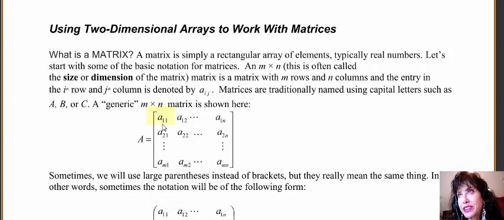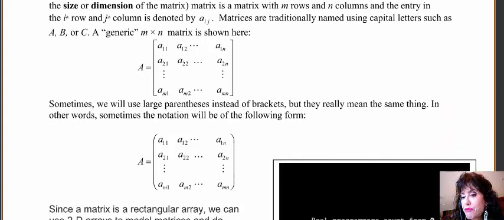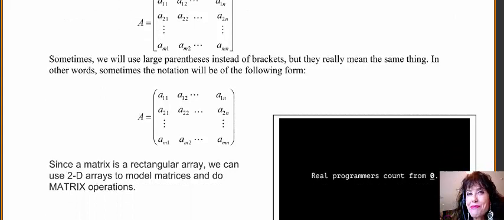Notice the first entry is A with a subscript of 1, 1 to say that that's in the first row, first column, and then the next one next to it in the same row is A1, 2, the first row, second column. But remember, in Java, we start counting at 0, so this entry here for us is really going to be the 0th entry, because real programmers count from 0.